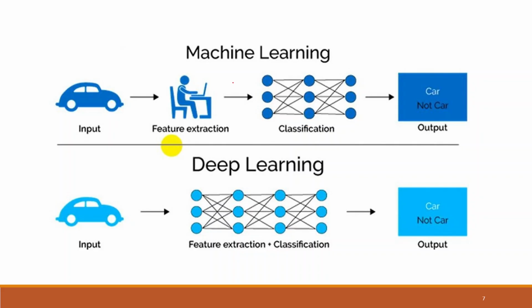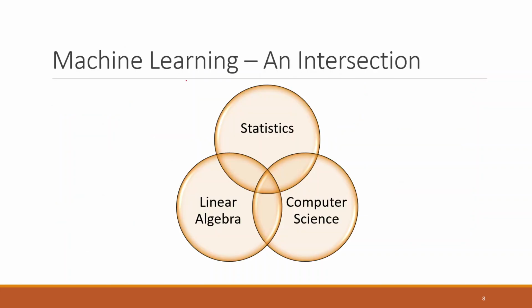We discussed the differences between machine learning and deep learning. In machine learning, we provide features, but in deep learning, the feature extraction process is done by deep learning itself. Basically, machine learning is the intersection of stats, linear algebra, and computer science.